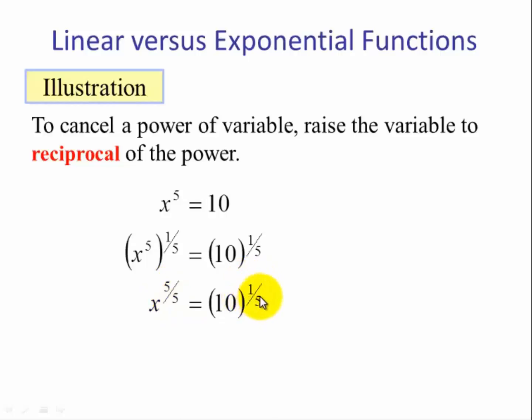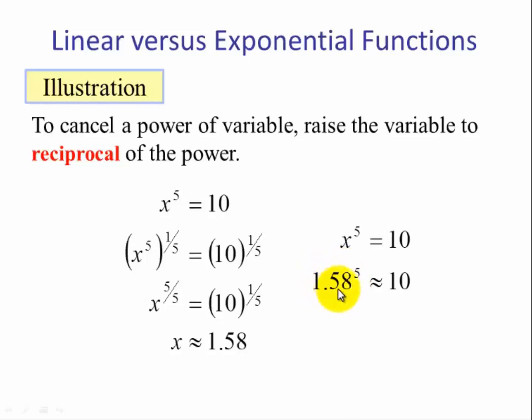So now all I need to do is compute 10 to the 1/5 power and round it off to 2 decimal places. That is 1.58. So we would say x is approximately equal to 1.58. To check it, I take the original equation and substitute 1.58 for x.